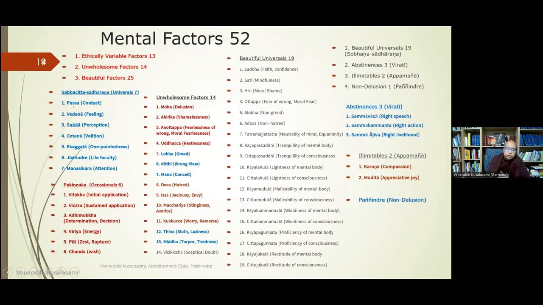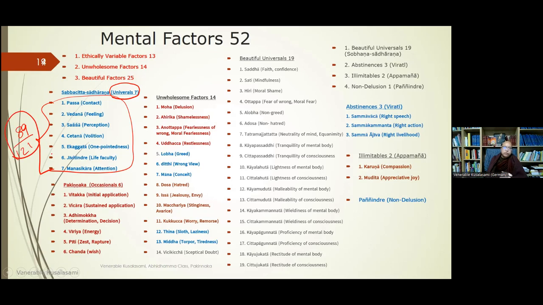So the first group is the universal 7, yeah, universal mental factors 7. All these 7 can combine with how many cittas? These 7 are together with all consciousness, right? All consciousness, yeah, 89 and 121.